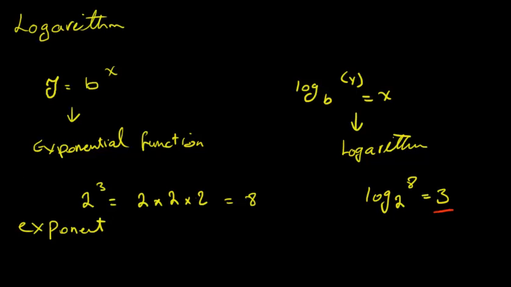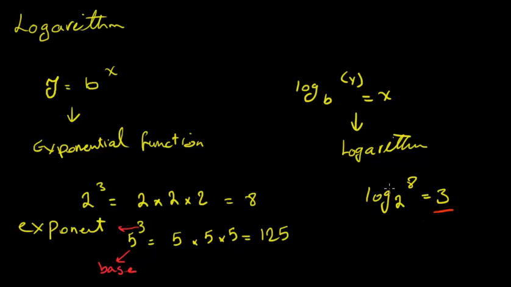Or let's say we have 5 to the third power, right? It means 5 times 5 times 5. 5 times 5 is 25, and times 5 is 125. So this is our exponent, and this is base.